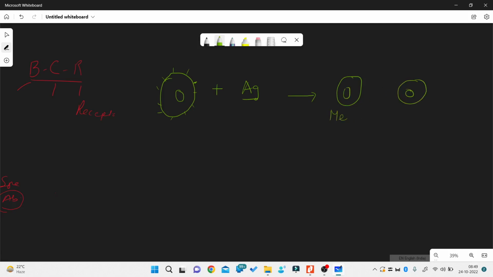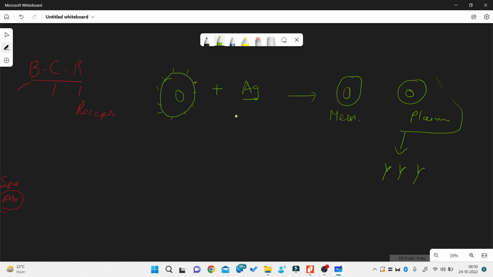One is known as the memory B cell, another is known as the plasma B cell. The role of the memory B cell is to remember the antigenic structure, which will be helpful when future exposure occurs. The plasma cell is able to produce various antibodies. This antibody production is very important for humoral mediated immunity.